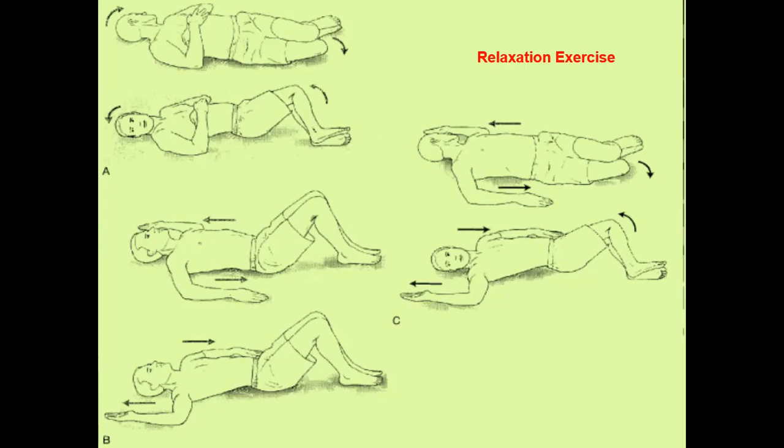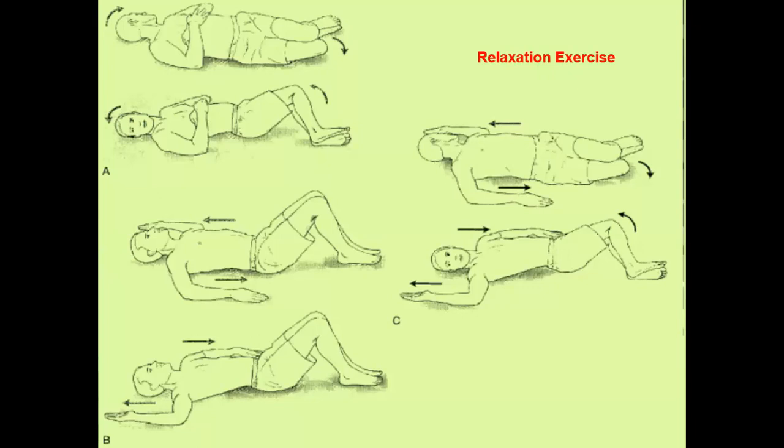Another relaxation technique is, the patient is crook lying with the hip and knee of the lower extremity flexed. We ask the patient to inhale and exhale. Suppose the left upper extremity is abducted, the elbow flexed, and the wrist extended.